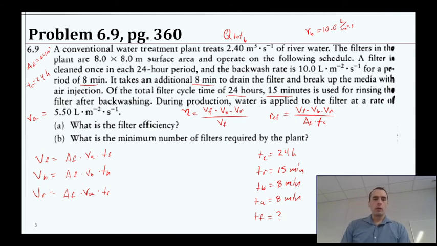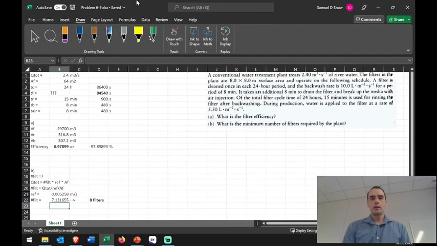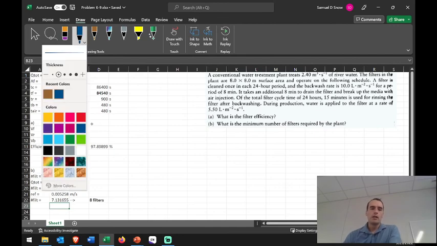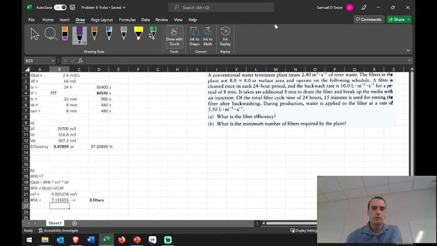I'm just going to go ahead and pull up Excel because that was where I put all this. So if we take a look at it up at the top here, that's what I wrote. We have the cycle time, 24 hours.